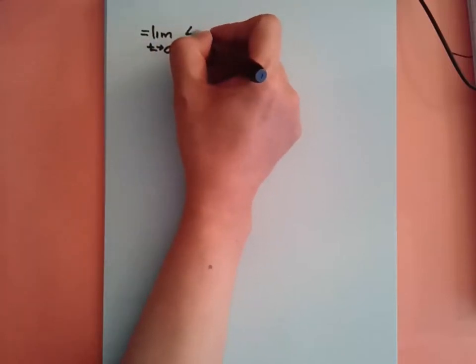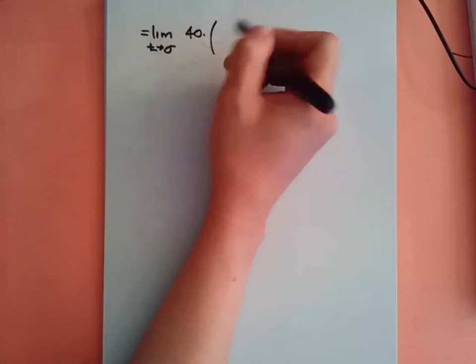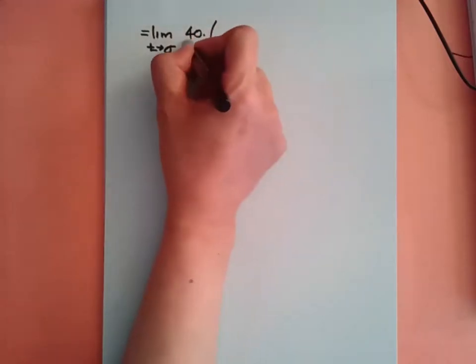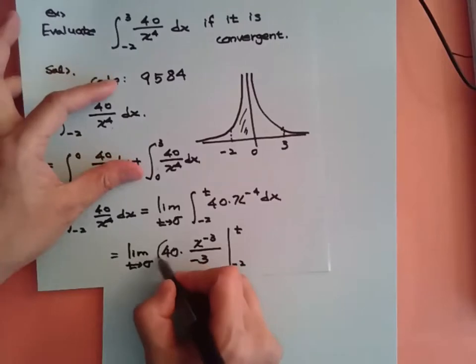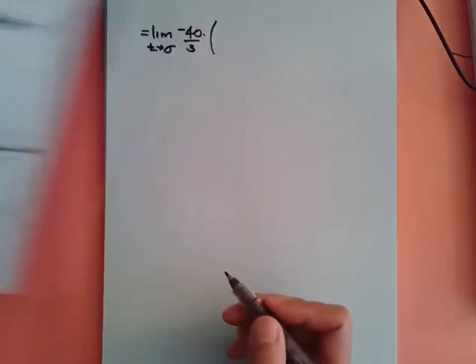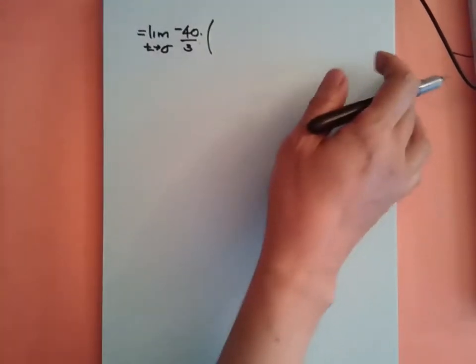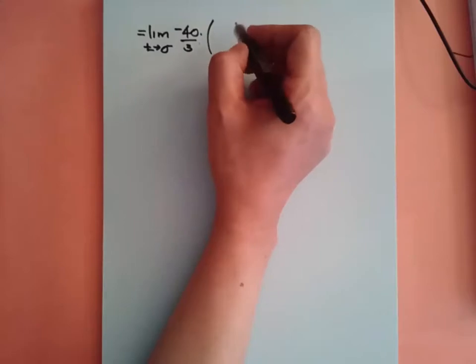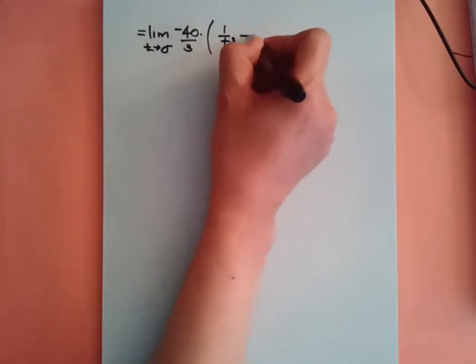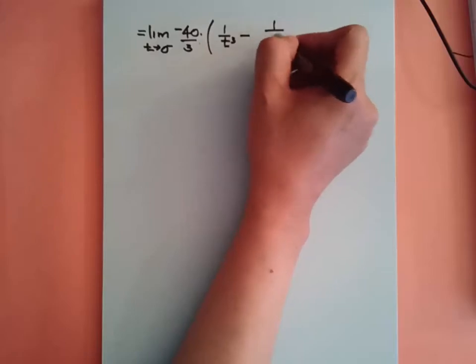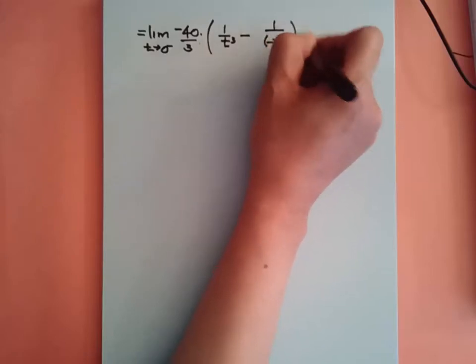After we plug in, it should be -40 over 3 times 1 over t cubed minus 1 over -2 cubed.